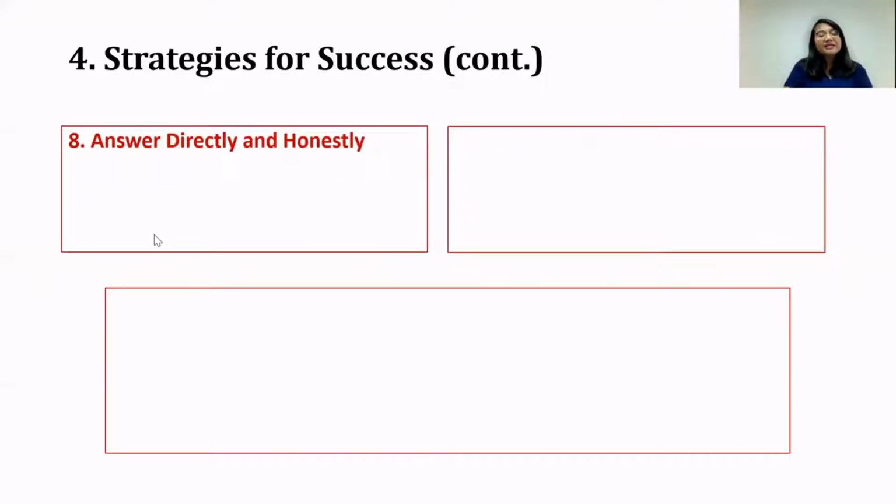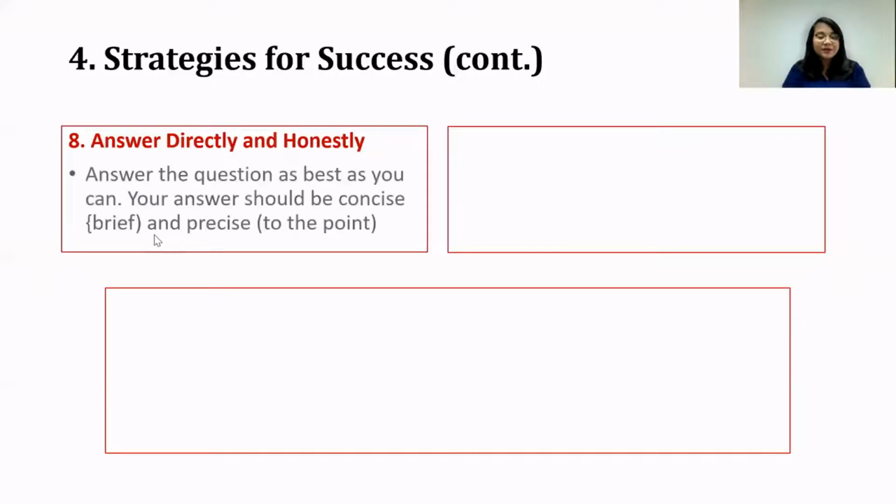Number 8, answer directly and honestly. Answer the questions as best as you can. Your answer should be concise and precise. Being concise means brief, and being precise is to the point. Previously, what we discussed is that we are not supposed to ask questions that are long-winded, right?